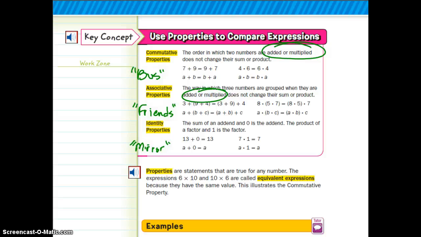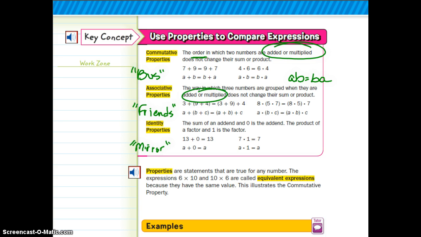So, in the commutative property, order is being switched. So the order is important in the commutative property. AB is equal to BA. And then in the associative property, groups are important.